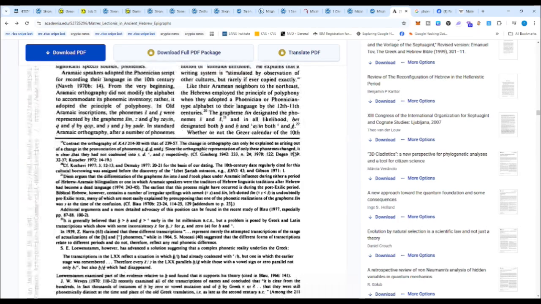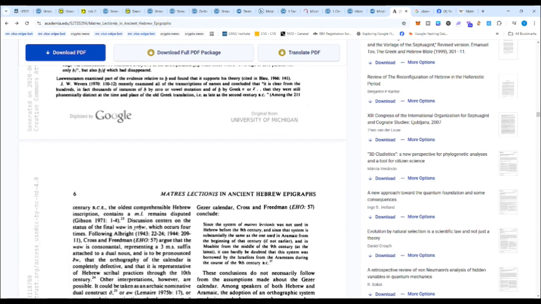Whether or not the Gezer calendar of the 10th century BCE, the oldest comprehensible Hebrew inscription, contains a mater lectionis remains disputed. Discussions center on the status of the final Vav in Yud He Vav He, which occurs 4 times.